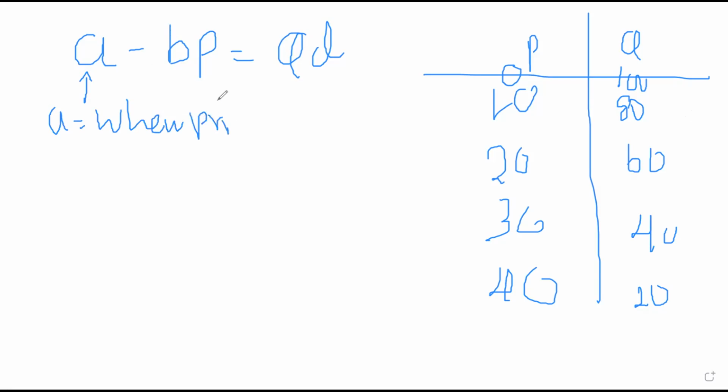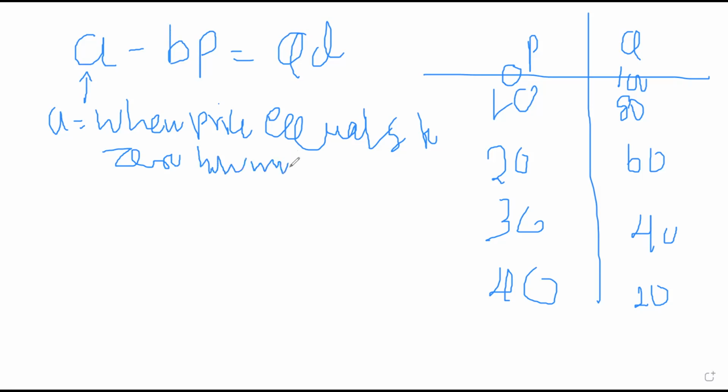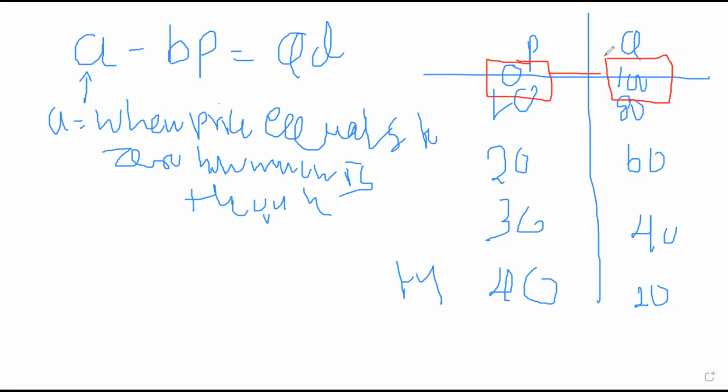When price equals 0, how much is the quantity? Right? How much is the quantity? So that is equal to A.